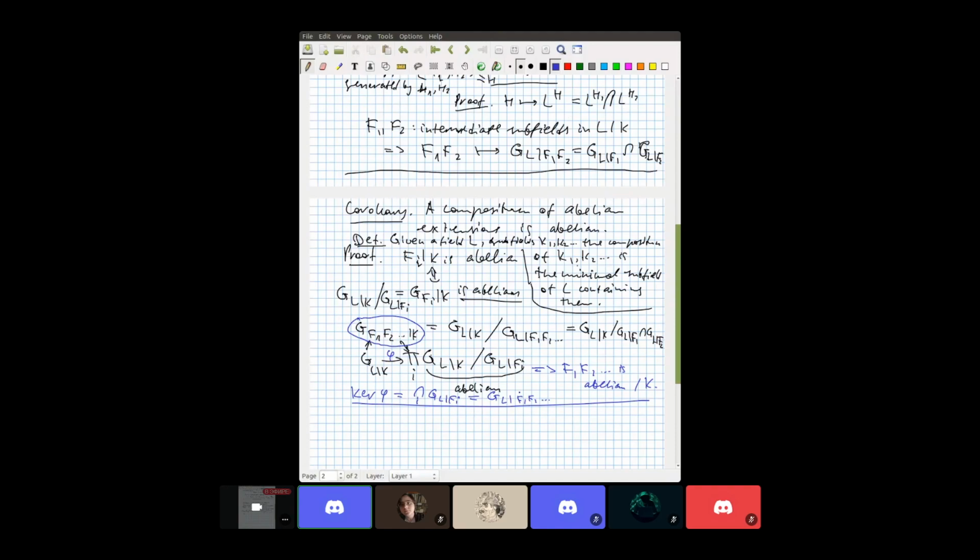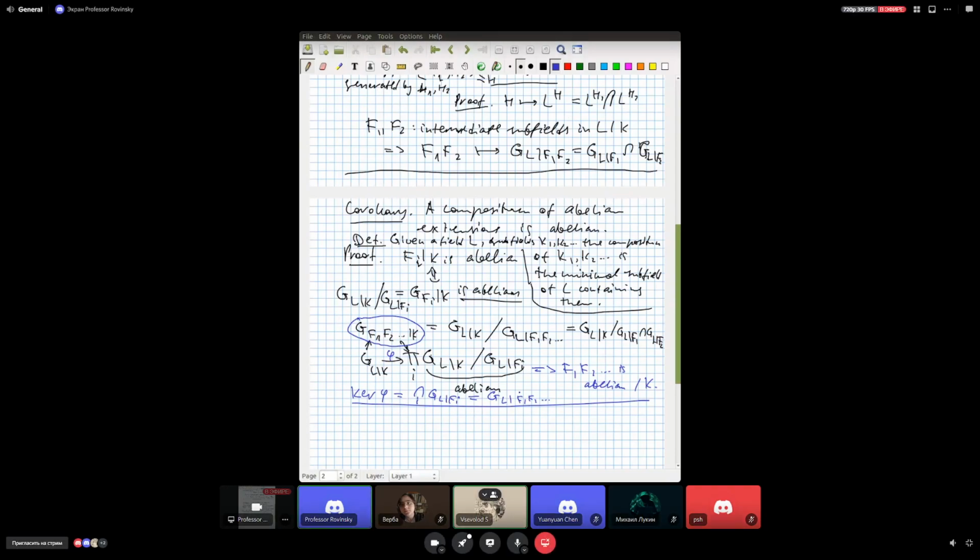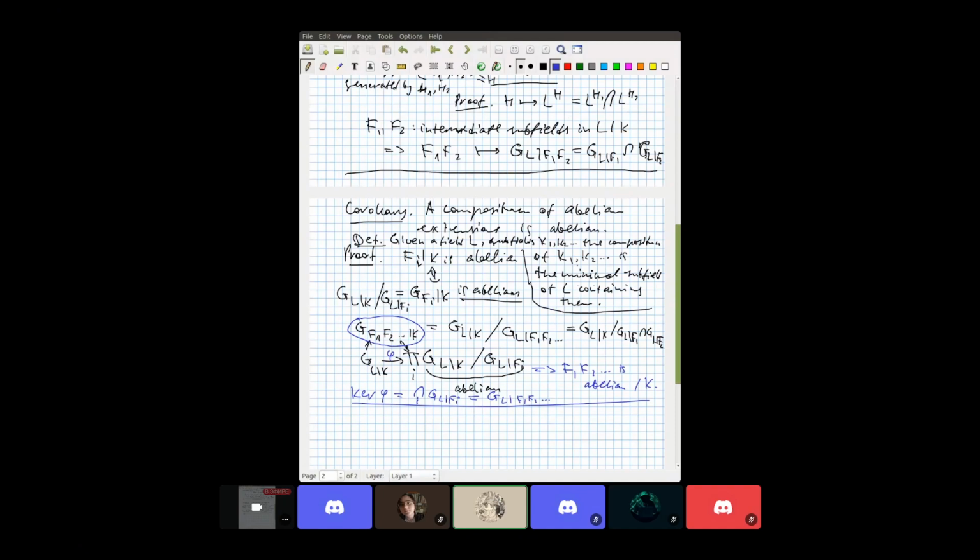Okay. And then why is the second arrow, from G(F1, F2) to the product, an embedding? This one, yeah, because you see that this group is precisely the quotient of this by the kernel of phi.